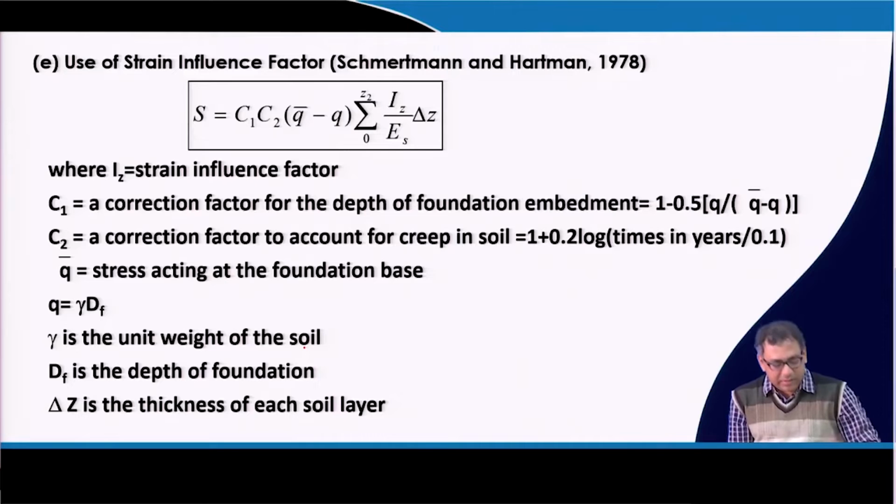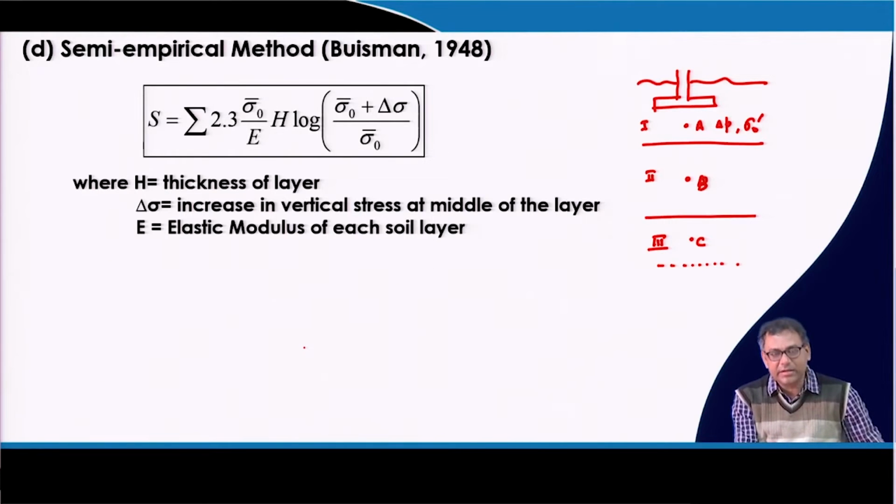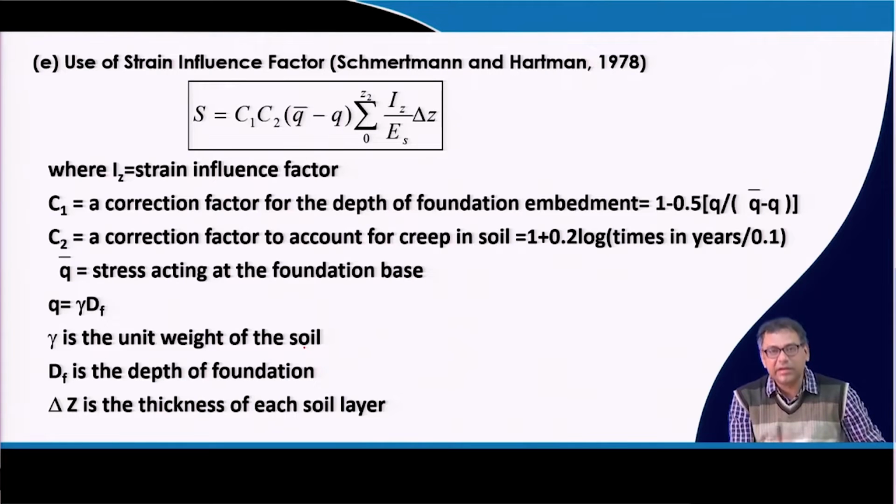In the previous equation it was given as H, which is also the thickness of each particular layer. Here it is written in a different form, delta Z, that is also the thickness of different layers, and we have to take the summation from 0 to Z2.